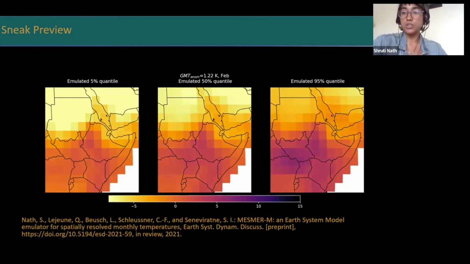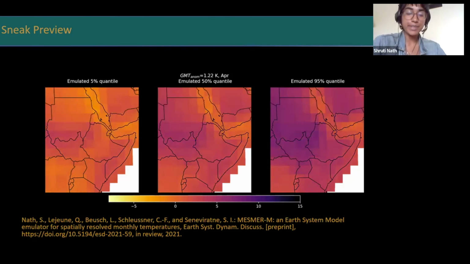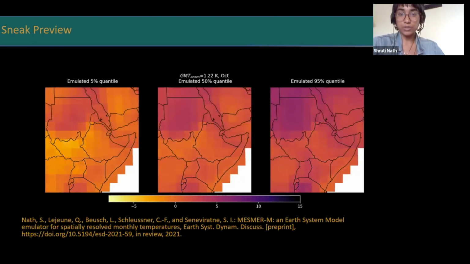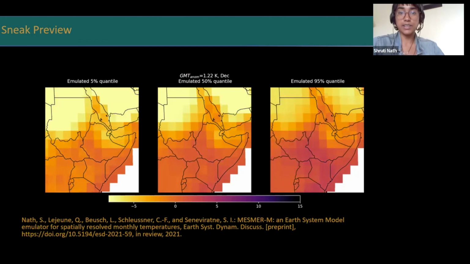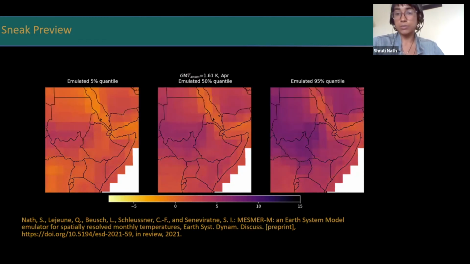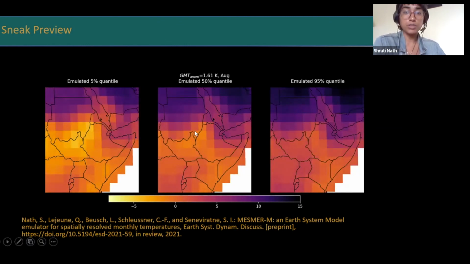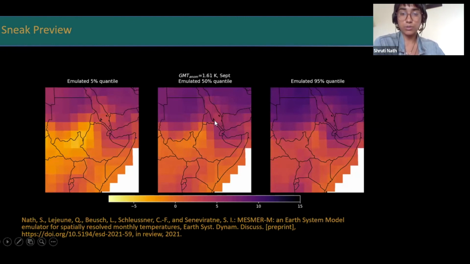So just to finish off and not take too much more time, here I have a sneak preview of how exactly the emulations look. It's for the Greater Horn of Africa region, and you can see that here it's showing going from a 1.22 global mean temperature anomaly to a 1.6 global mean temperature anomaly. The overall distributions can also be investigated.